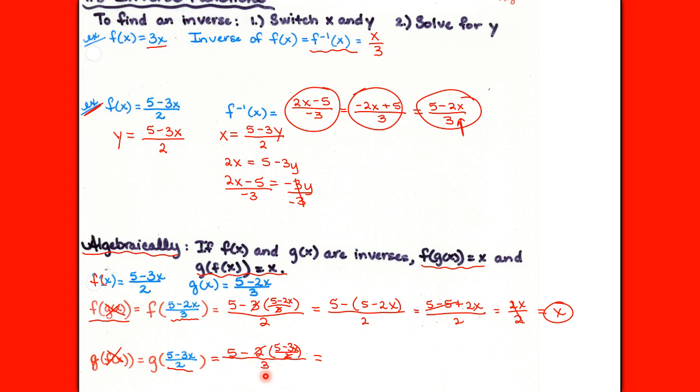All right, so what you want to do first to simplify that? All right, let's get the 2's to drop out. So then we'll be left with just 5 minus the quantity, 5 minus 3x, all over 3. All right, then what?